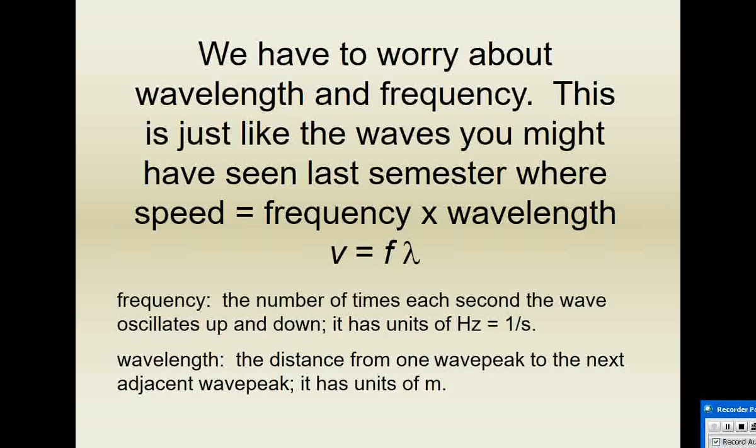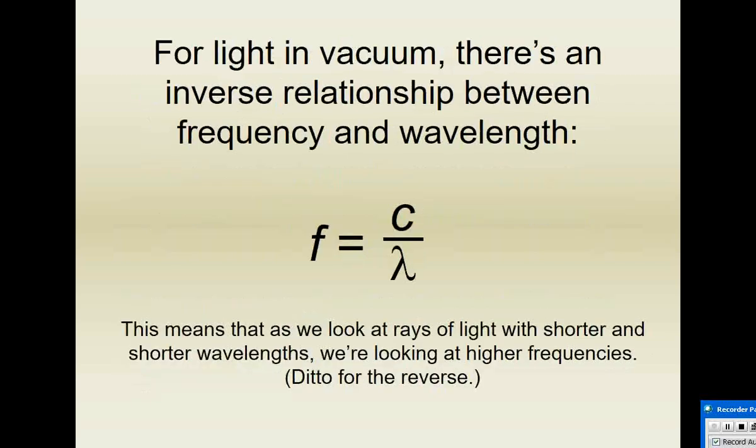When we talk about light, what are typical frequencies and wavelengths? How do we find them? Since we have the speed of light as a constant in vacuum, we get this fixed relationship between the frequency in a ray of light and the wavelength in a ray of light.